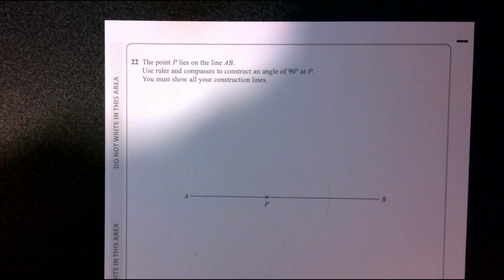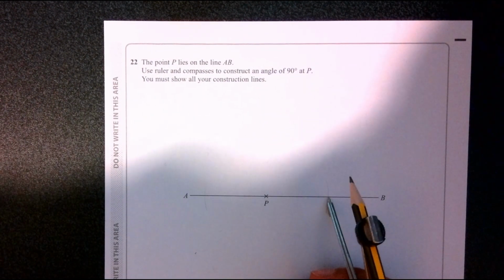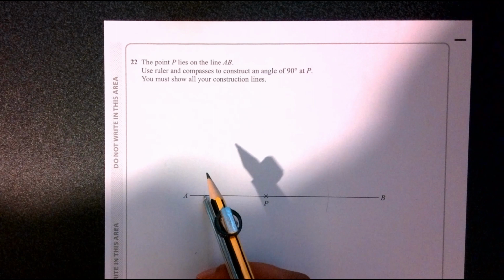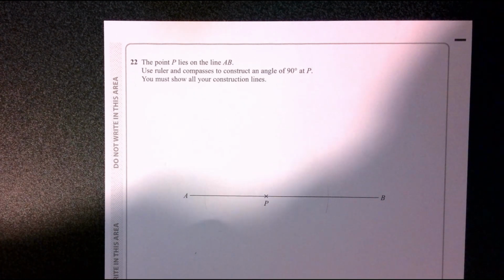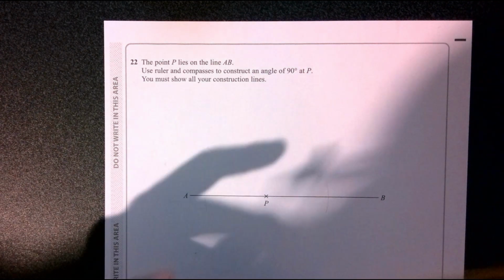So now, at this intersection and this intersection, we can create our perpendicular bisector.